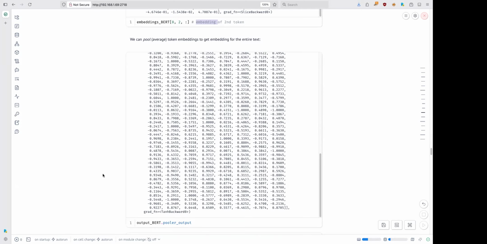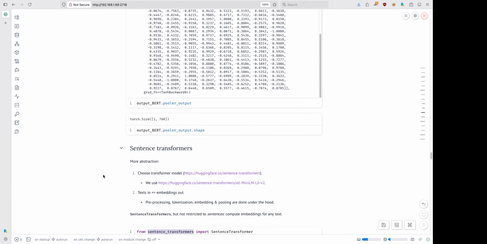This is a powerful idea because now we combine embeddings for multiple tokens to create a single embedding that has the meaning of the entire text. So the purpose of pooling or averaging embeddings is to get a vector that represents the meaning of the entire text, not just a single token. This is exactly what we'll do here.